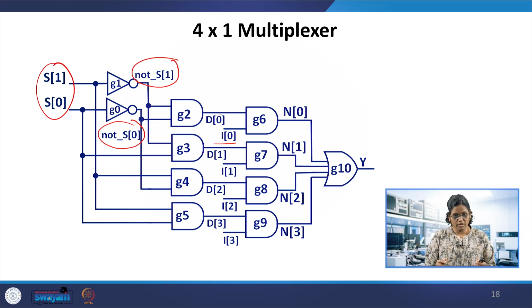And let us see how we have combined these signals, the 4 bits of N, the 4 bits of D, and the output is Y. Also the input has been combined as a 4-bit input.